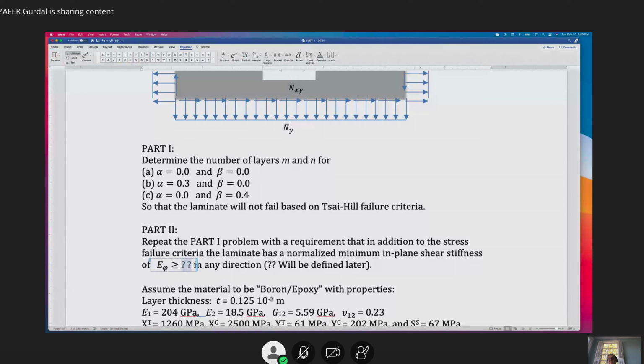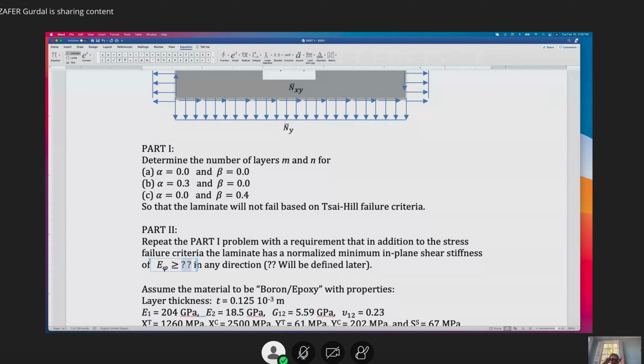This will be normalized with the shear modulus of a single layer. And when we put up a layup like this, you're actually likely to get larger than 1 shear stiffness for some laminates.